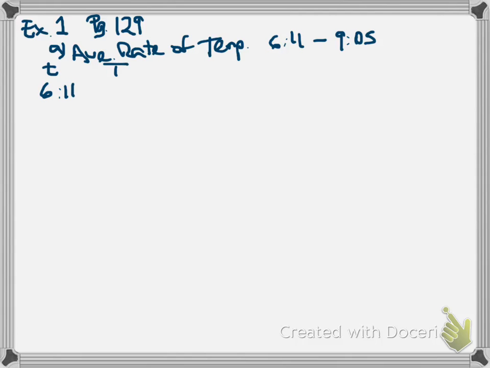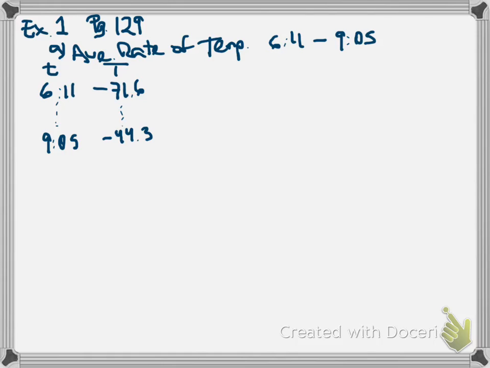The temperature at 6:11 was negative 71.6, and then you have several values here, and then you have the other value at 9:05. At 9:05, the temperature was negative 44.3.